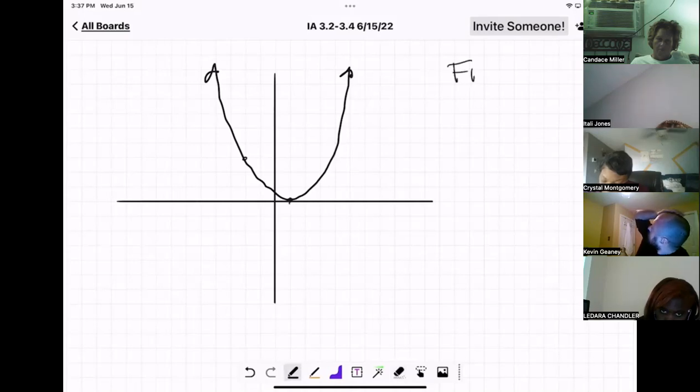Okay, find each value. It's still using our function notation.